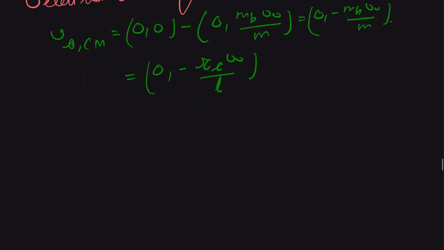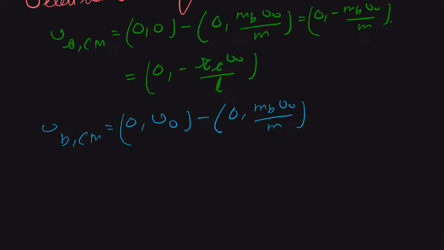Similarly, we can write the velocity of B in the center of mass frame. The initial velocity, which we calculated, is 0 comma V naught, minus 0 comma MB V naught divided by M. This M is nothing but MA plus MB.